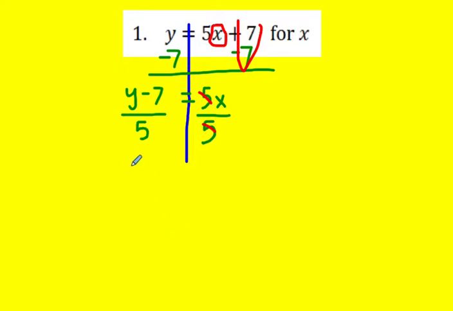On the left-hand side, I can separate these into two fractions. So I can rewrite this as y over 5 minus 7 over 5. But you will notice that neither of those are going to reduce. So we're just going to leave it like that. And this is equal to x. So that's our solution on this first one.